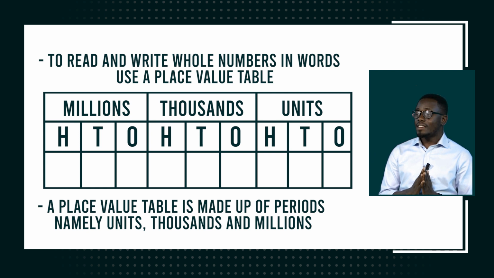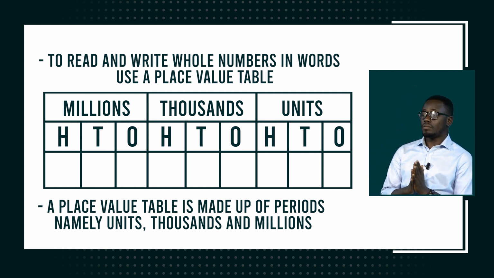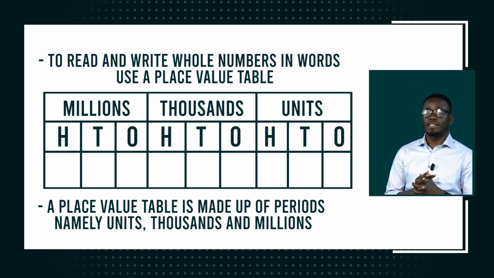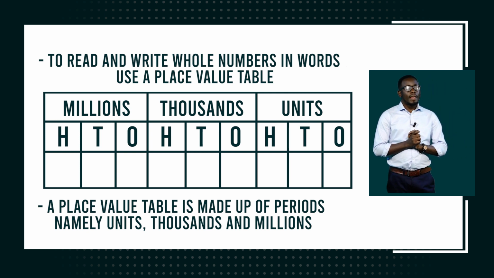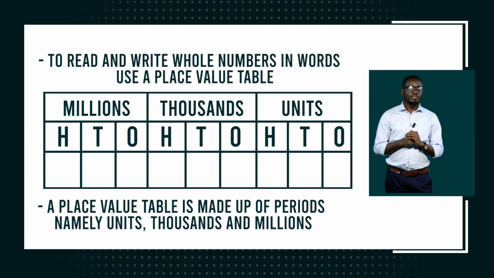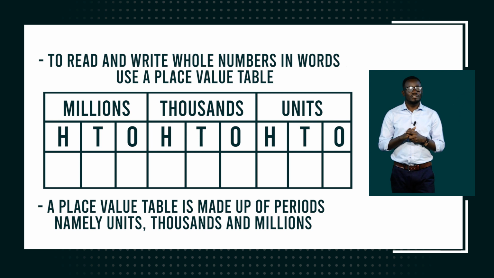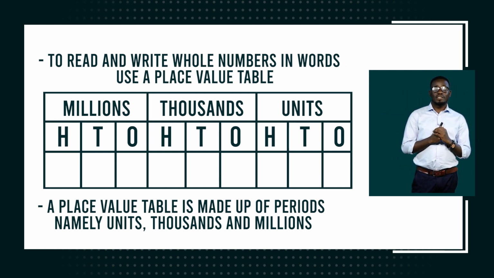In fact, those are very important because it's what we use when we are reading any number or writing it in words. So when you have any given number and you have to write it or to read it, what you have to do is to think of the place value table. The place value table contains those periods I have said.